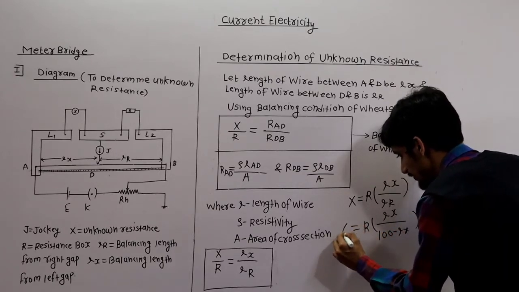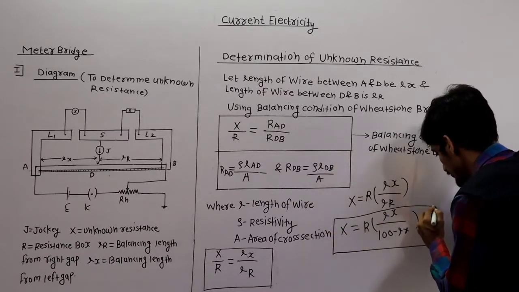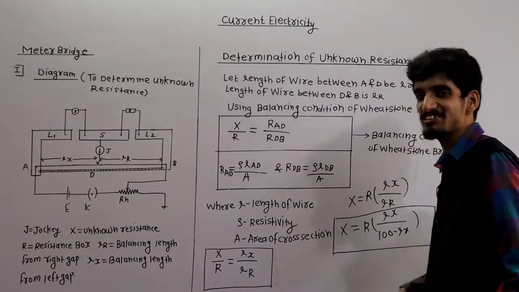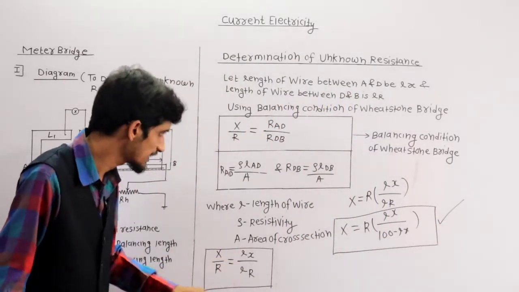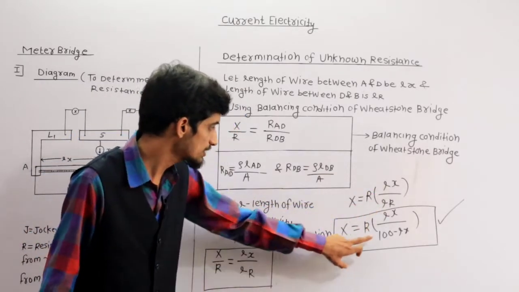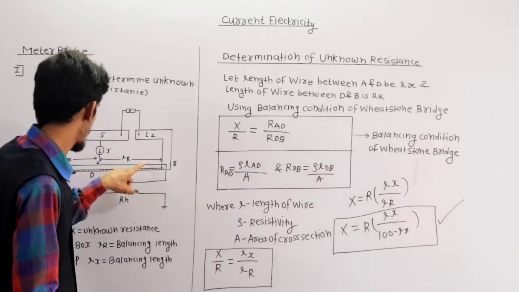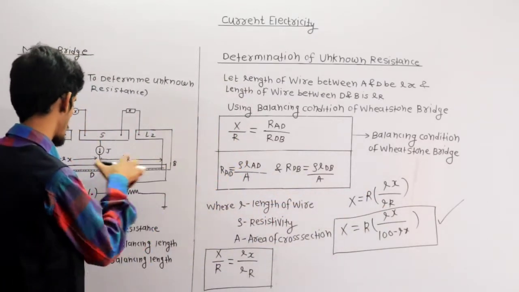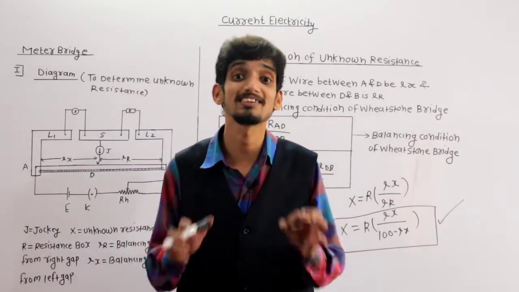So this is X, a very, very important formula for unknown resistance. Clear? So the basic relation is X by R is Lx by LR, and X is equal to R into Lx by LR. LR means the total length, 100 centimeter, minus this Lx. So X is equal to R into Lx upon 100 minus Lx.